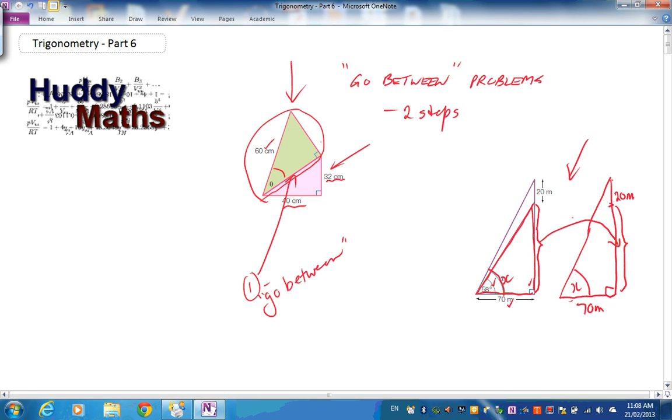Oh, we can find that side because we have two pieces of information, an angle and a side. And we can find the other side and go between the two problems. That's what we're about here, being a little bit tricky in joining together the pieces of information that we've got, even though they might be in different triangles.